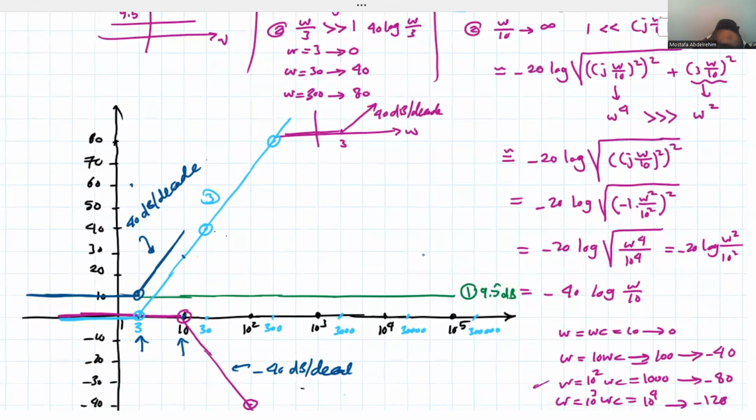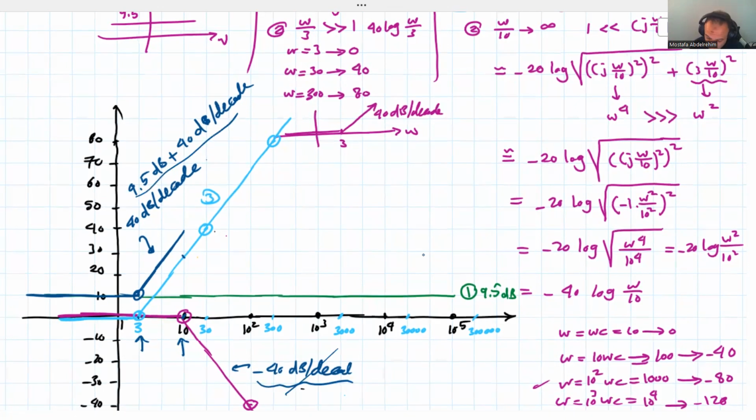So that guy here is 9.5 decibels plus 40 decibels per decade. But this one is only 0 minus 40 decibels per decade. So what's going to happen? When we add them, the 40 decibels and minus 40 decibels cancel, and we end up with the 9.5. So we're going to continue constant like that.